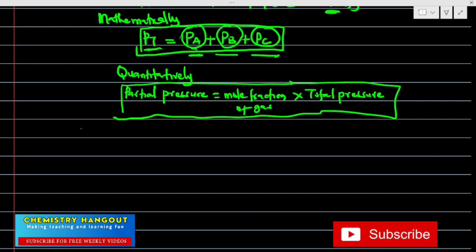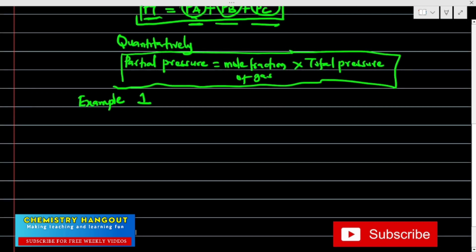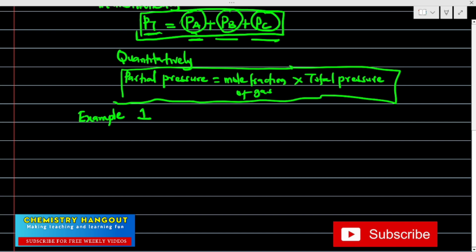Let's take examples to buttress this Dalton law of partial pressure. Let's take example one, just like 3, 4, or 2 examples, and it will be crystal clear. So note this. Let me just put so that you can see the PT and the formula for calculating partial pressure.